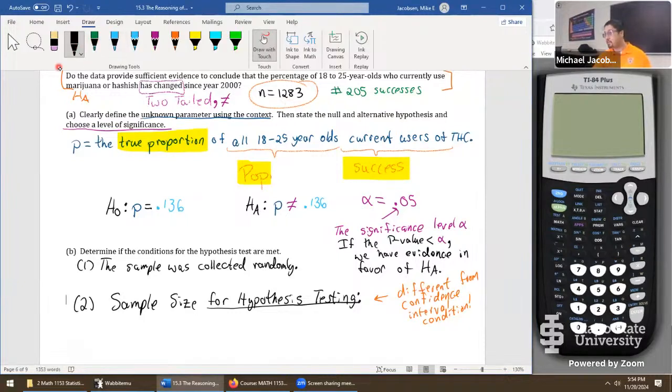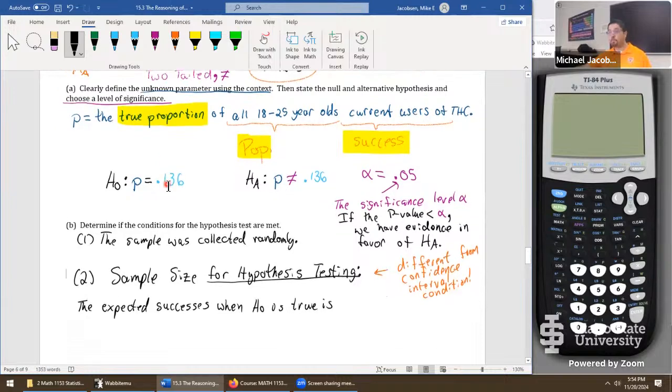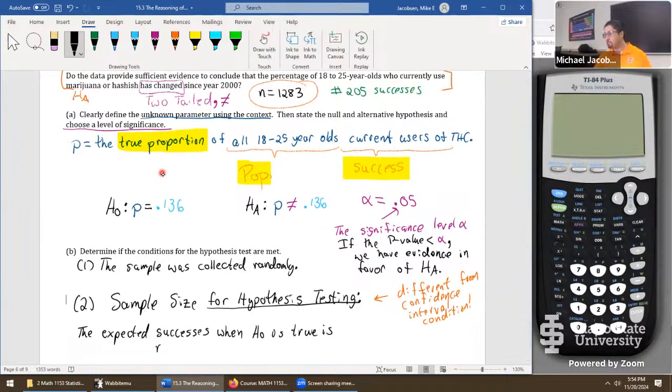So let's calculate the expected successes when H naught is true by this formula. We take n times P naught.